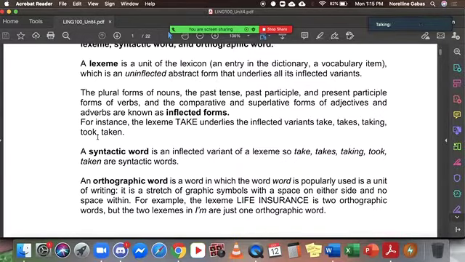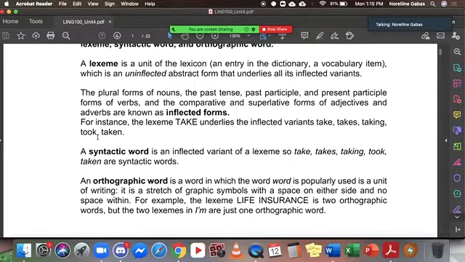Syntactic words. So, an inflected variation of a lexeme. Ito yung ginagamit mo na siya on a specific function. So, take, takes, taking, took, and taken are syntactic words, kasi gagamitin mo siya sa sentence. When you say syntax, it is the order of grammar, sentences, paragraphs, or phrases.